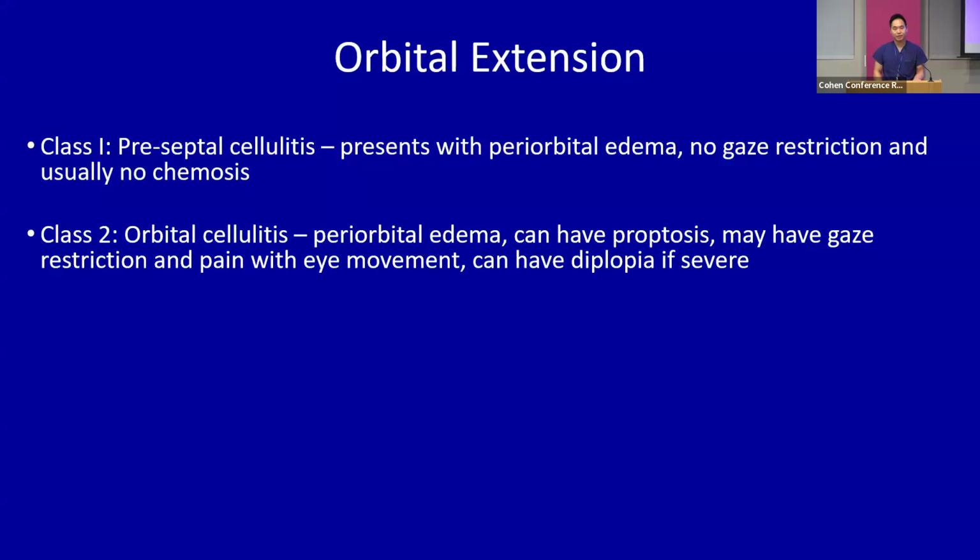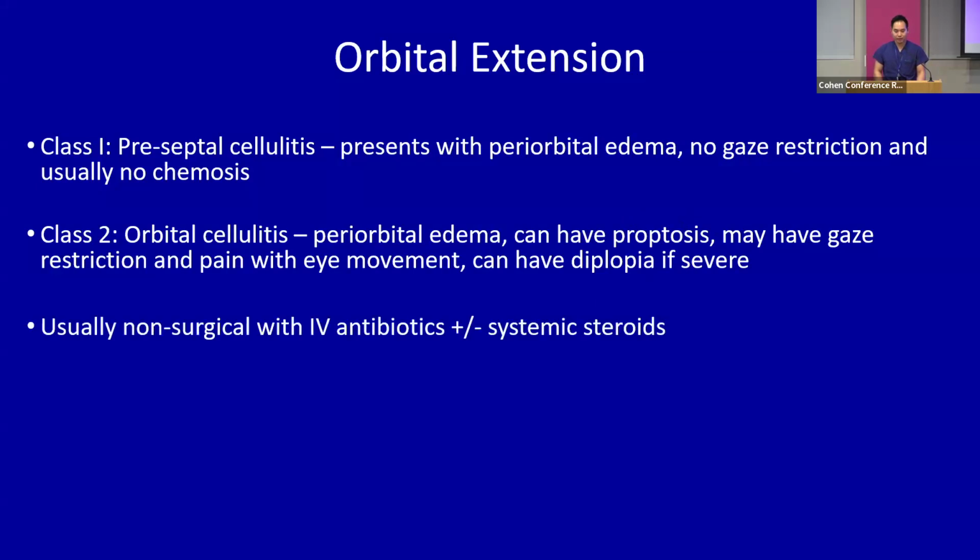For orbital cellulitis, there's no well-defined abscess within the orbital cavity, but they can have some proptosis from a mass effect from the edema. They may have some gaze restriction and some pain with eye movement. And they can have some diplopia if it's pretty severe. Again, very young kids can't tell you about double vision, but older kids can tell you, yeah, you hold up one finger, and it looks kind of blurry, like two instead of one.